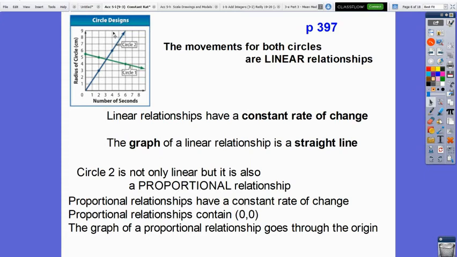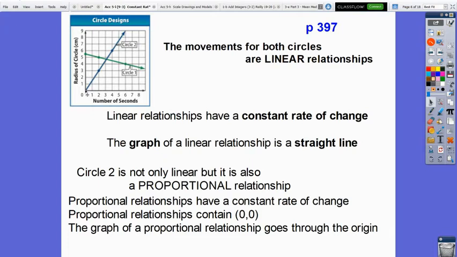Now, circle 2, different than circle 1, not only is circle 2 linear, but it also goes through the origin, which means that we know from previous discussion that circle 2 is also a proportional relationship. A proportional relationship not only has a constant rate of change because it's a straight line, but it goes through the point 0, 0.